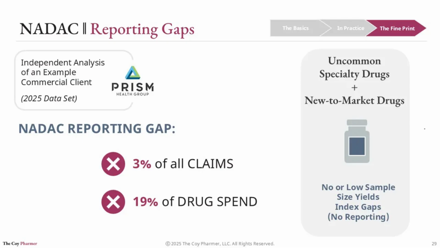This means that if a contract were to be NADAC based for this client, they would have a level of gap that they would need to cover to the tune of 19% of their spend to make sure that they are able to procure drugs at a price that's fair for them. The industry tends to cover this type of gap in the NADAC index by applying AWP-based discounts to those products that don't have NADAC available.